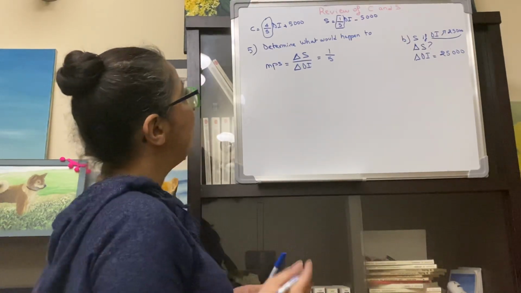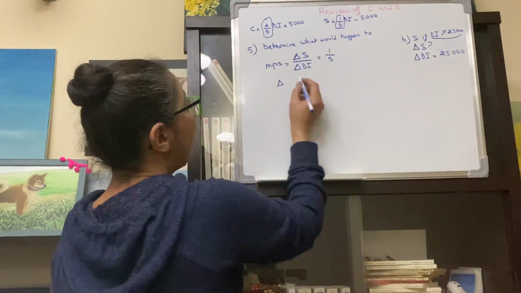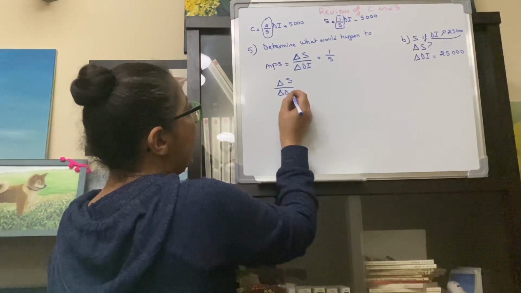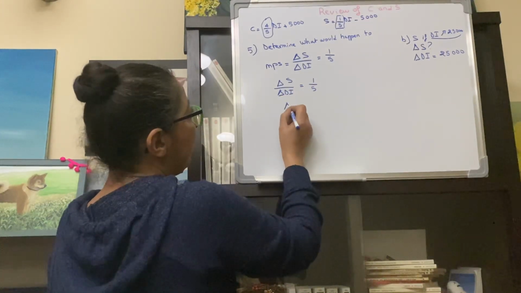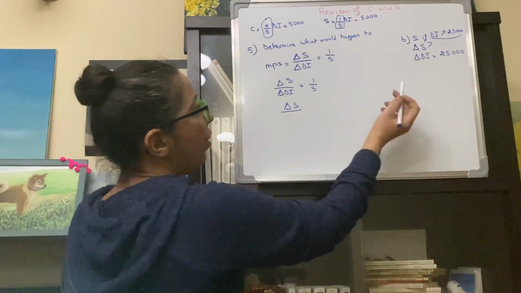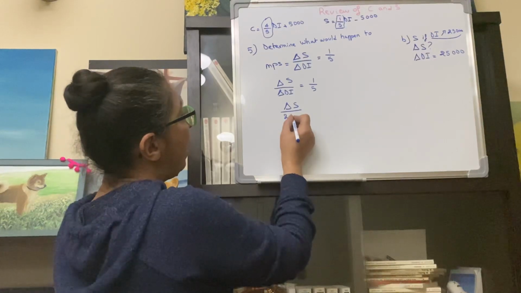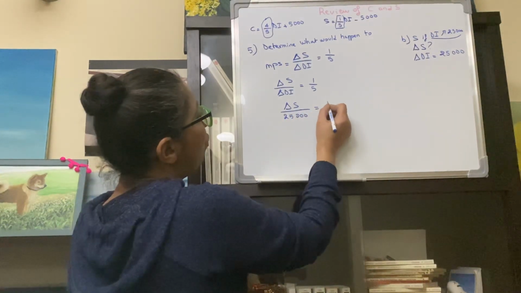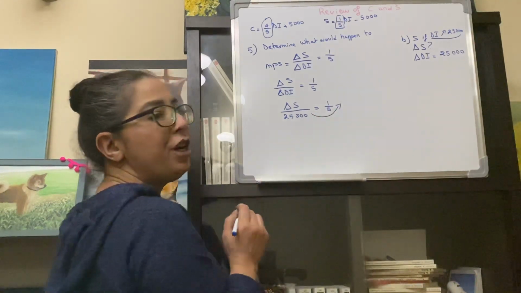Remember, I'm looking for delta S. Delta S over delta DI, which is 25,000, is equal to 1/5.